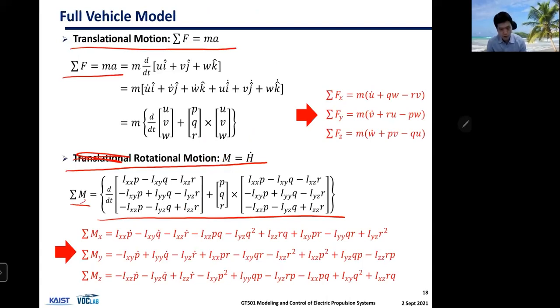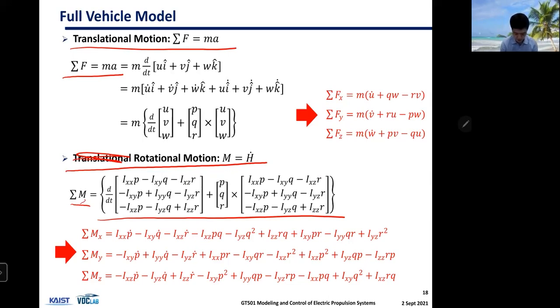So we're dealing with a 6 degrees of freedom system, a body, and we have quite complex equations of motion when it comes to both translational motion and rotational motion equations. But we can simplify things. So let's take a look, okay?